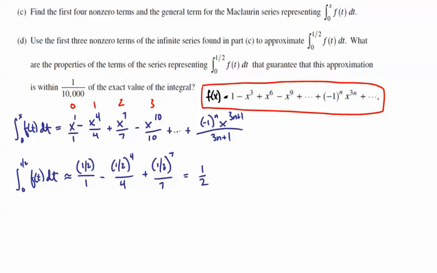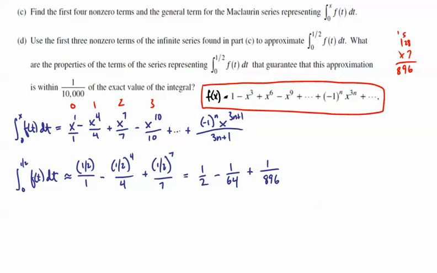We have 1/2, then that's minus 1/16 over 4, which is 1 over 64, and 1/2 to the seventh power is going to be 128 times 7, plus 1 over, and by my calculation above there, 7 times 128 is 896.